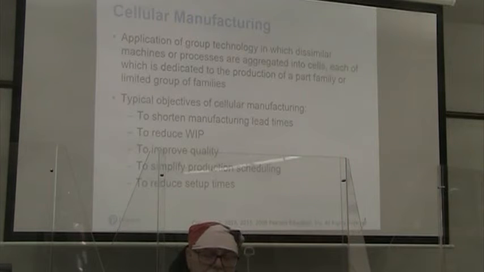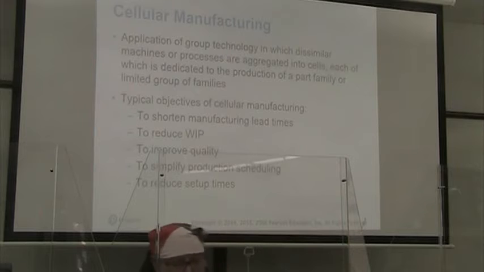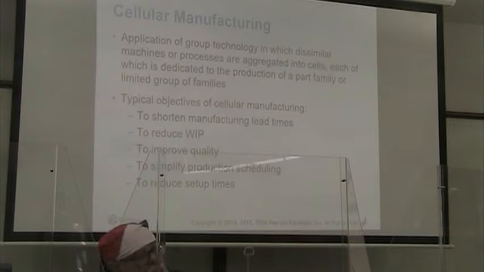All right, so cellular manufacturing, we're applying group technology and taking dissimilar machines and processes and aggregating them into cells which are dedicated to production of a part family or a limited group of families.